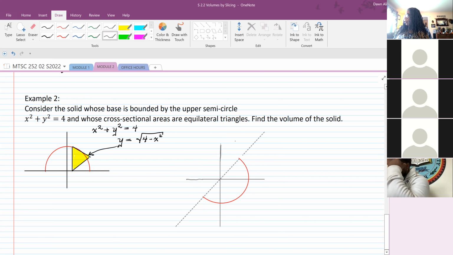All right. So here, as you can see, this is the curve y is equal to the square root of 4 minus x squared.